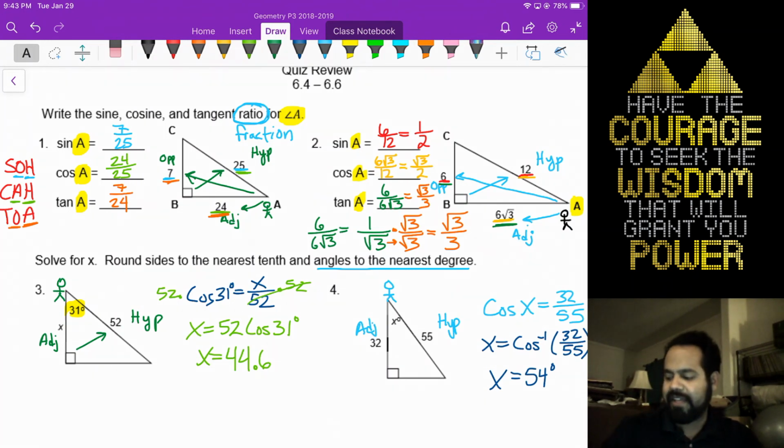Kingdom Hearts is a new video game. It is a video game that is Disney and Final Fantasy style. It's very awesome. If you ever have the chance to play any video games, that is definitely one that I highly recommend, especially if you're into role-playing games, into RPG games.